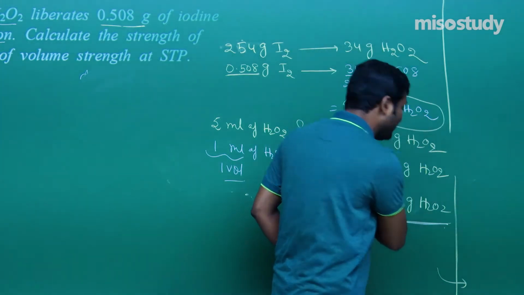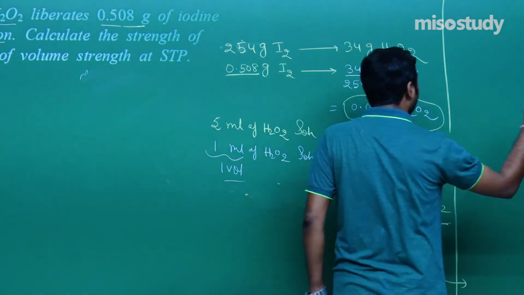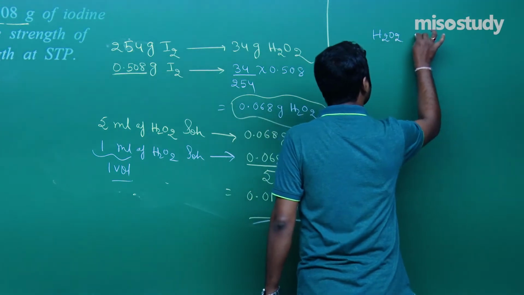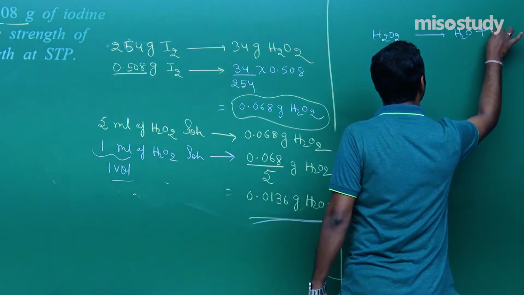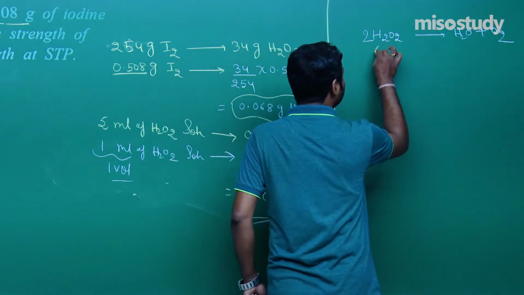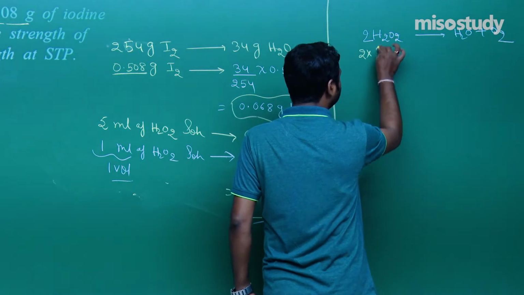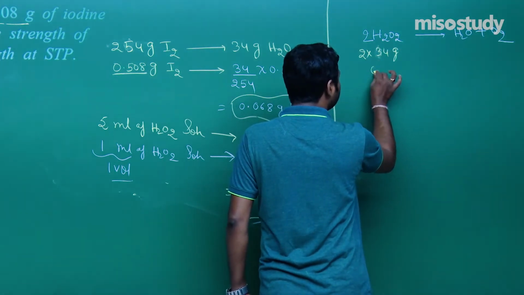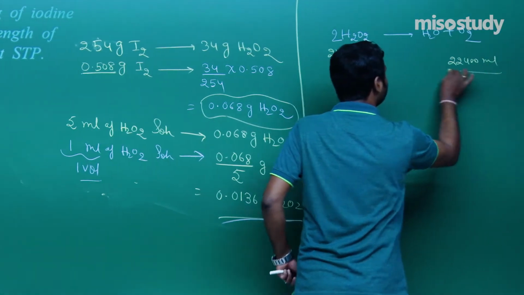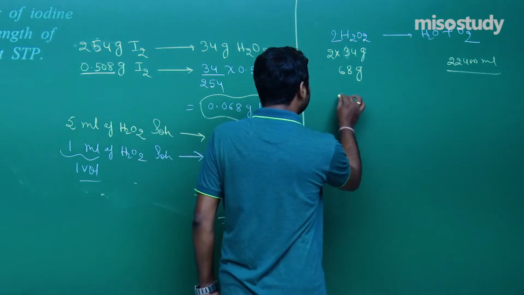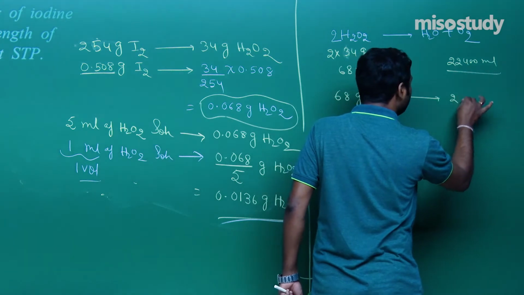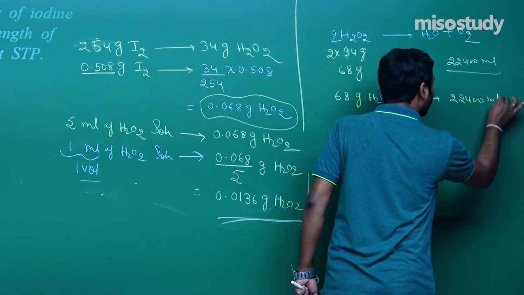This is the gram. Now according to the ideal condition, we know the equation: H2O2 gives you H2O plus O2. Remember, balance this. 2 into 34 gram, that is 68 gram, gives you 22400 ml. This is the ideal situation. 68 gram H2O2 gives you 22400 ml O2.